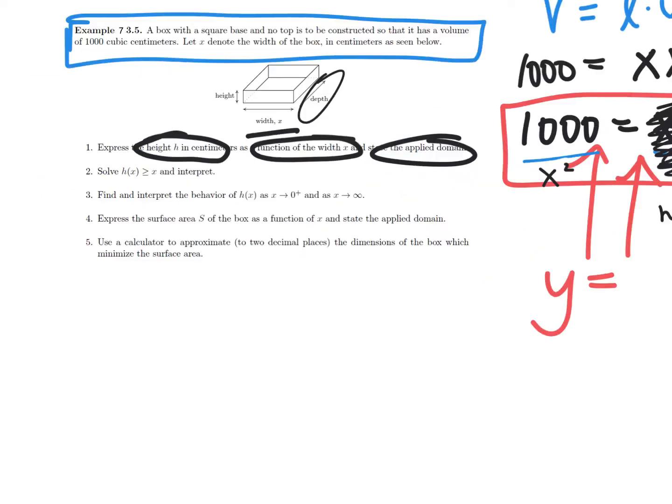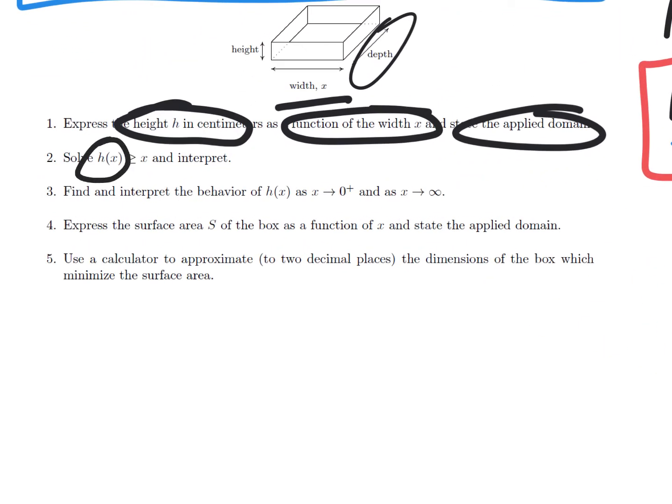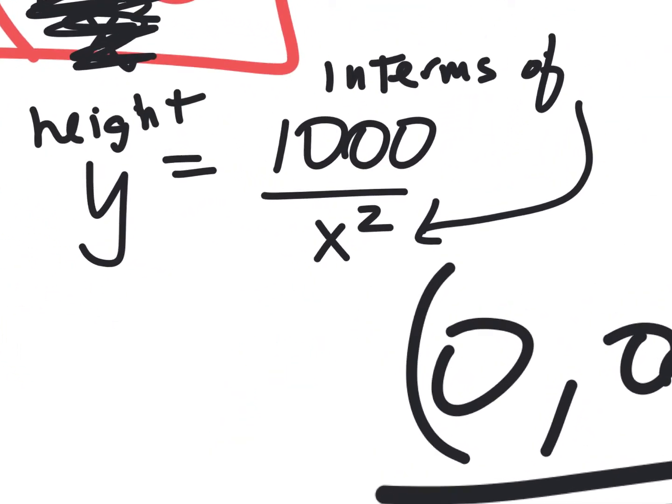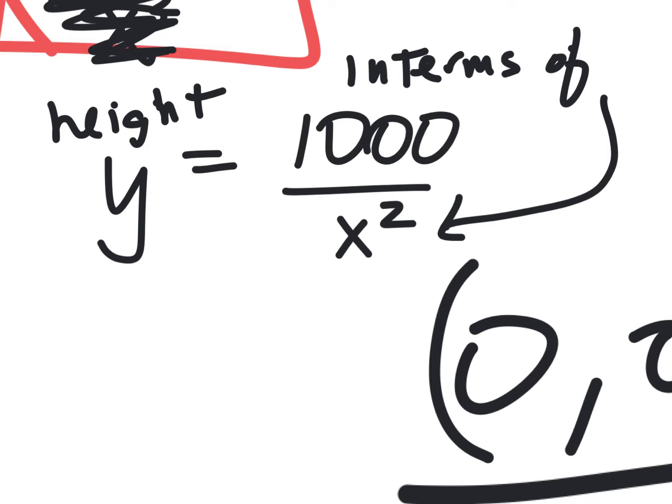Okay. It says solve h of x, which is the height, is greater than or equal to x, and interpret. All right, we already have the height here, and we said the height was equal to that. I don't really like how the problem is written, but they're saying that the height has to be greater than or equal to that.